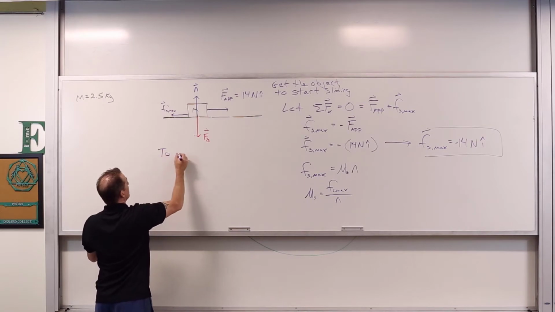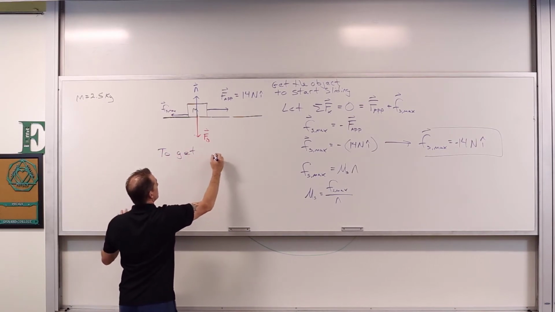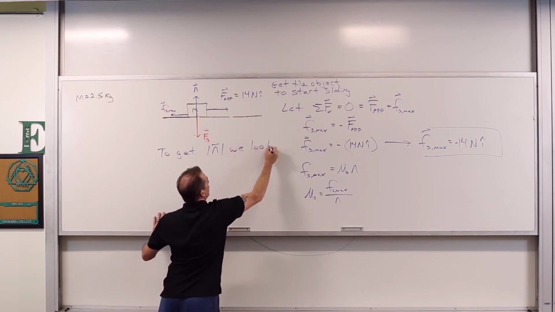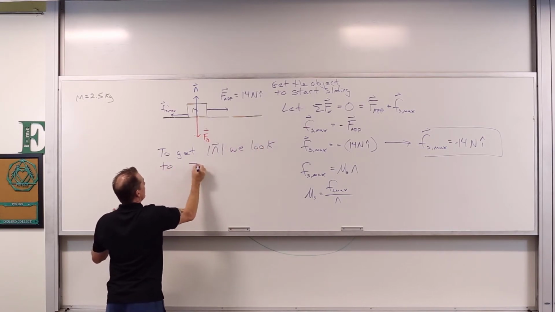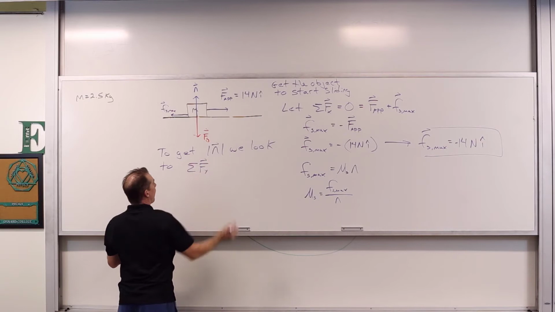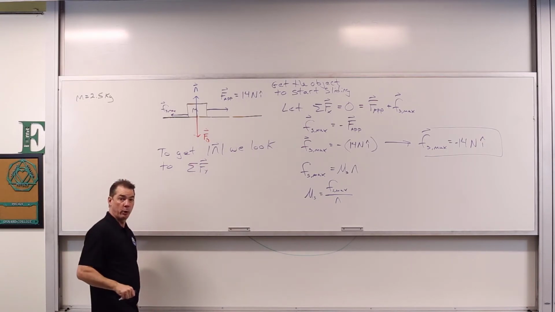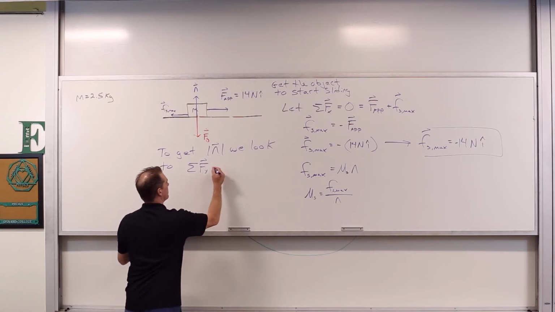So we look to the net force in the y direction. What does that have to be equal to? Is this object going to accelerate upward or downward? No, it's staying in contact with the surface.